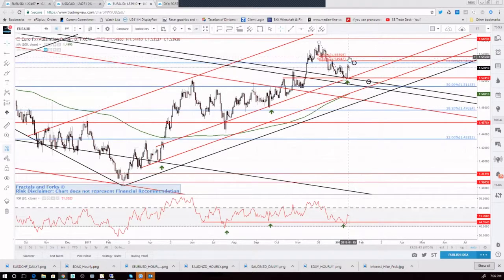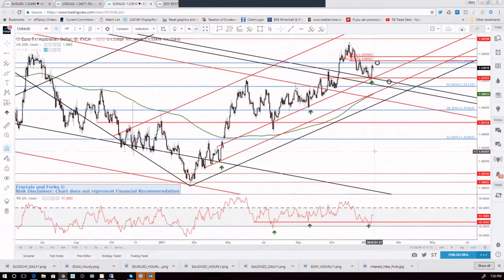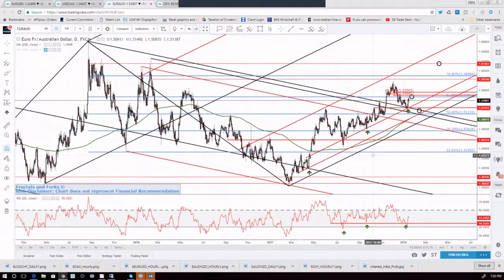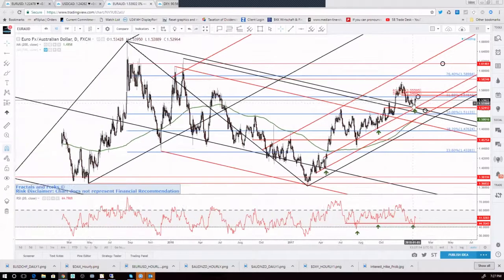Is this long? I don't know what to say. The fact is and remains that this fork, we broke through it, we retested it, and normally there should be more upside. If you're not in this, there is no reason to take a position here. It would be like flipping a coin.